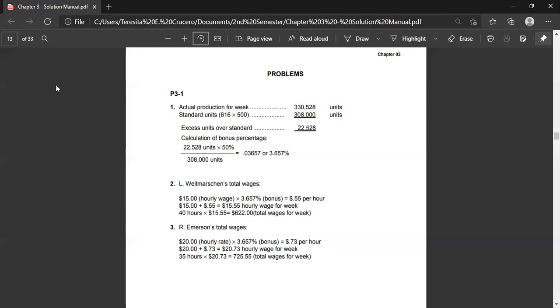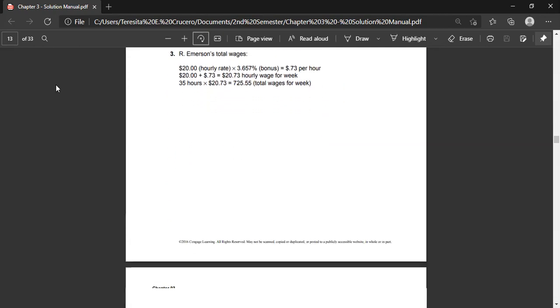Then you add it to 20 as the base rate. The hourly rate for the week is 20.73 multiplied by 35 hours. So she gets 725.55.